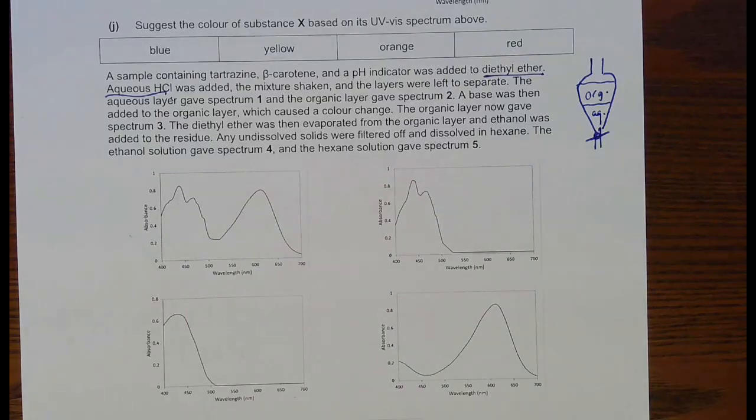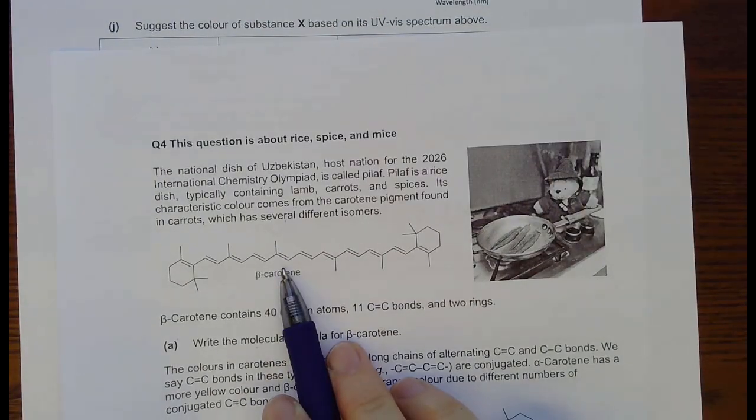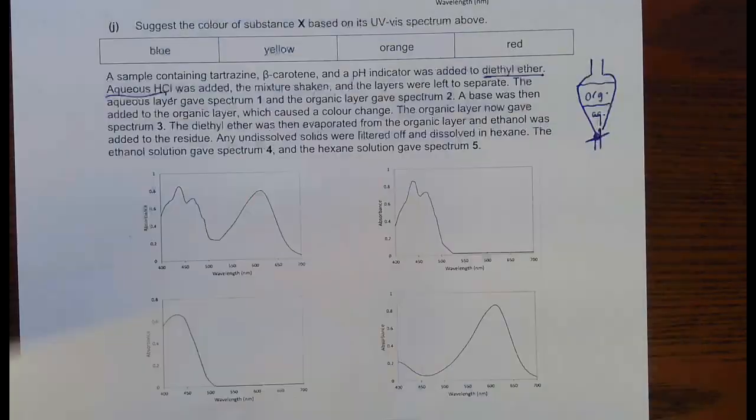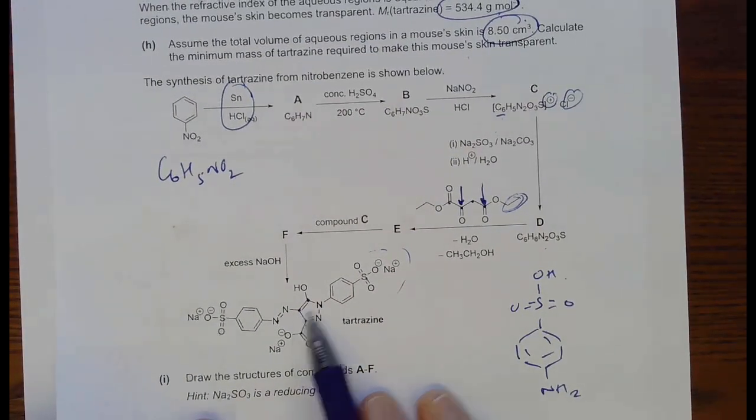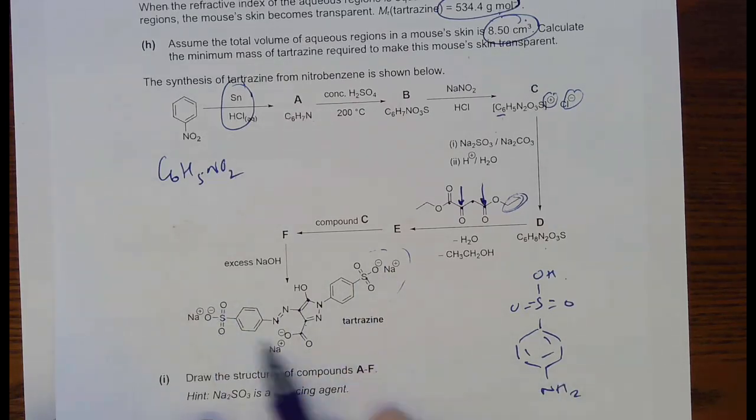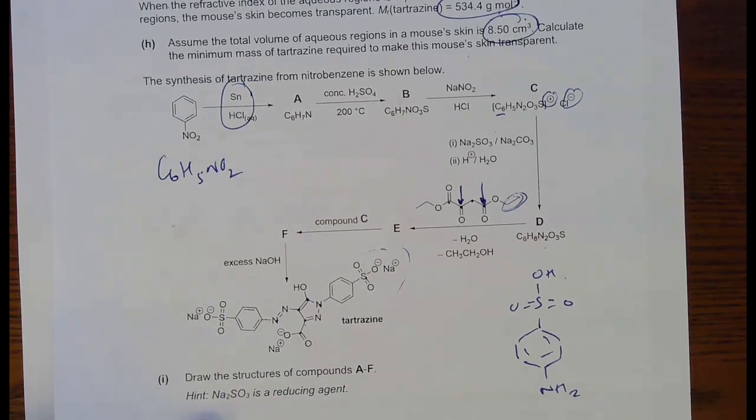Now, based on the structures of these two compounds, we can assume that beta-carotene is going to be in the organic layer, and that the tartrazine is going to be in the aqueous layer, because it's got these ionic groups on that are going to be very attracted to the water.